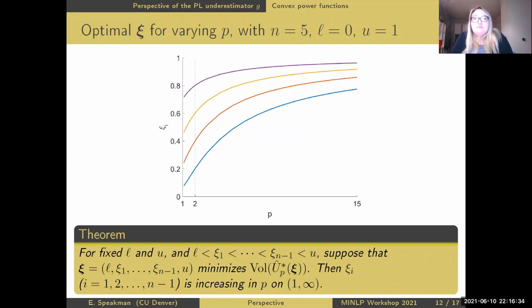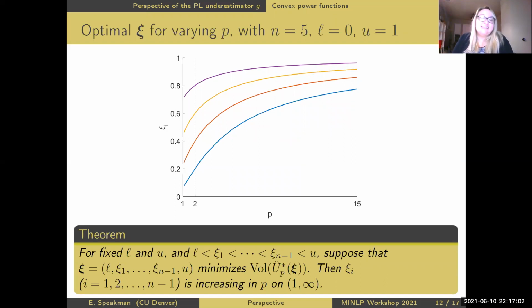All right. So we said that for p equals 2, this even spacing of these linearization points is optimal. So what happens when p is not equal to 2? Well, unfortunately, we can't get closed form expressions, at least yet. It seems to be out of reach to get closed form expressions for where those linearization points can be.